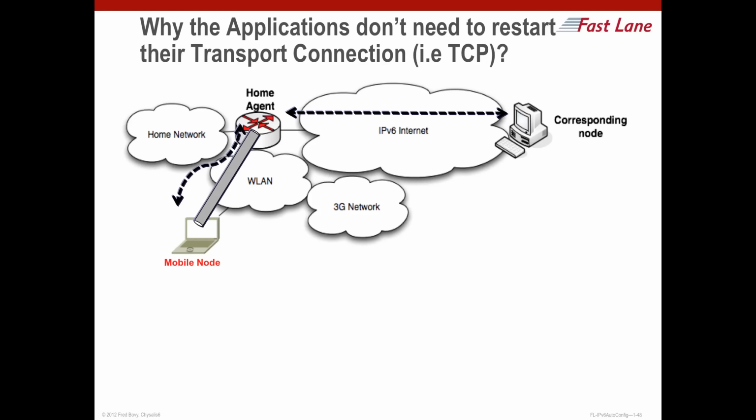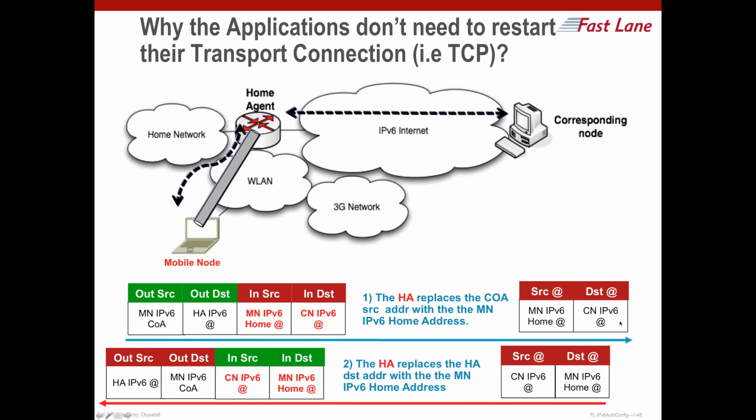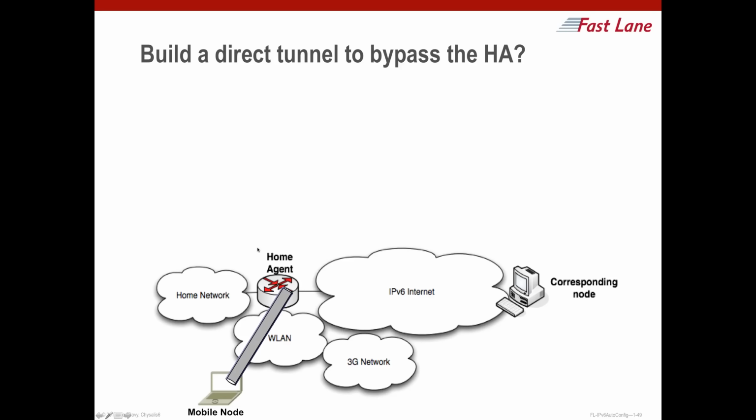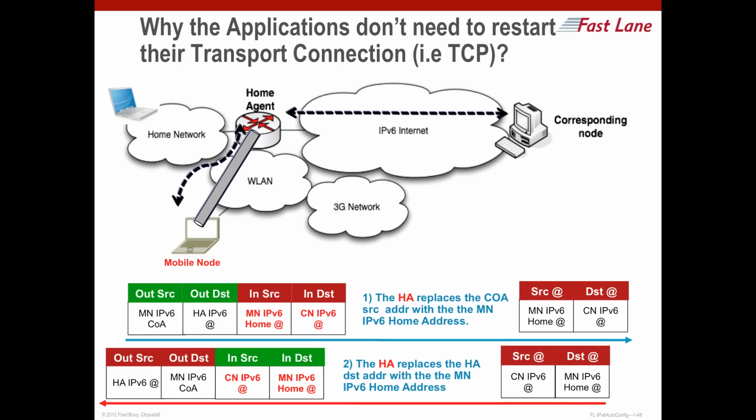Once the tunnel is established, all the traffic will be intercepted by the home agent. So when the mobile node is sending traffic to the corresponding nodes, it is encapsulated. In the external encapsulation, the source address is the care of address, and the destination address is the home agent's IPv6 address.